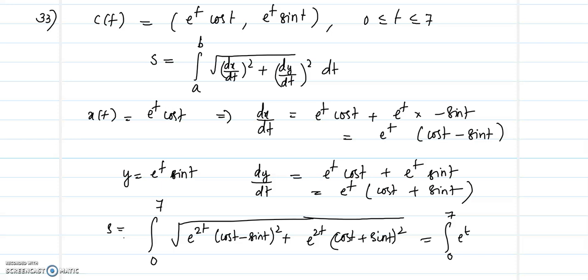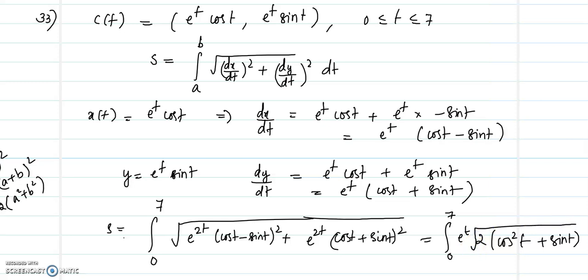So this is of the form (a minus b) squared plus (a plus b) squared. When we take that, we are going to get 2(a² plus b²). So here we will get 2, where a² is cos² t and b² is sin² t, under the square root.